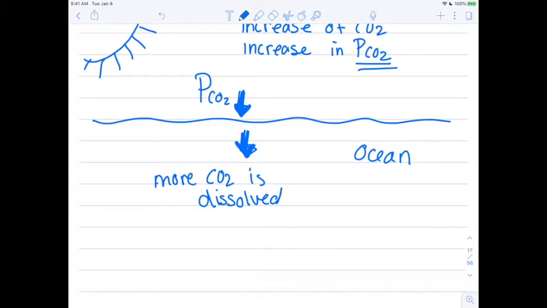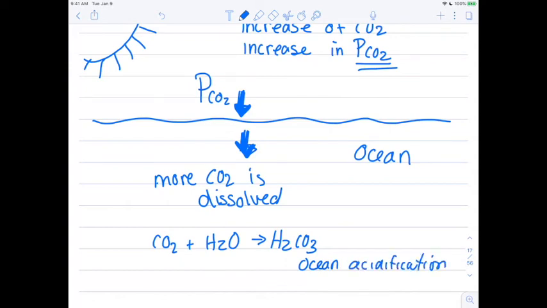And the problem with the CO2 going in is that it reacts with the water in a reaction you learned way back in chapter 4 to create carbonic acid. And this is what we know as ocean acidification. So this is making the ocean more acidic. But Andrew is right. As the temperature goes up, less CO2 can be dissolved.